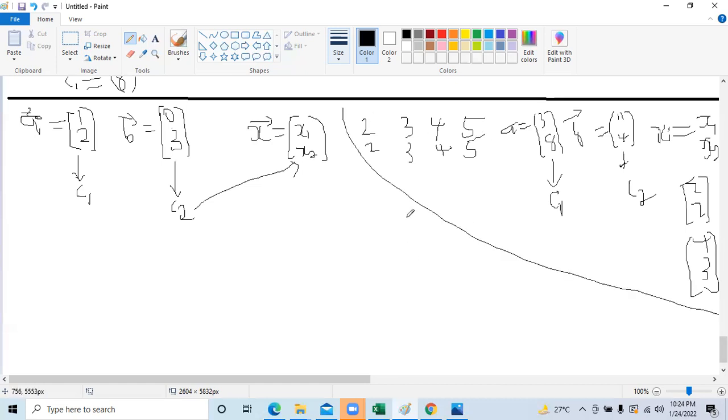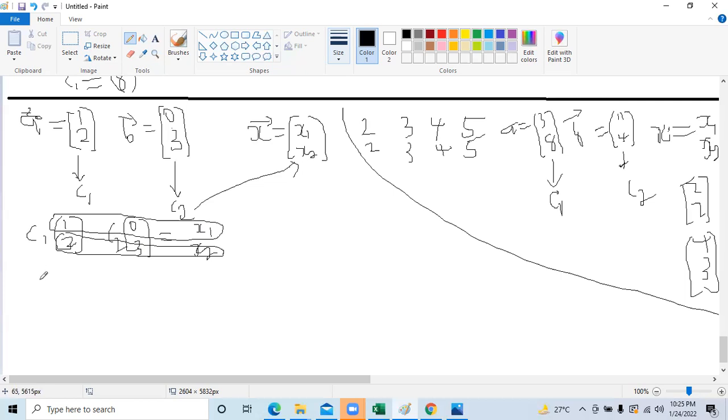So let me prove that to you. I can say C1 into 1, 2, and C2 into 0, 3, equals X1, X2. Now let's take the X coordinates and then solve for the Y coordinates.